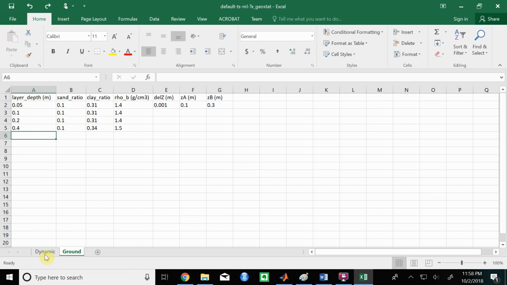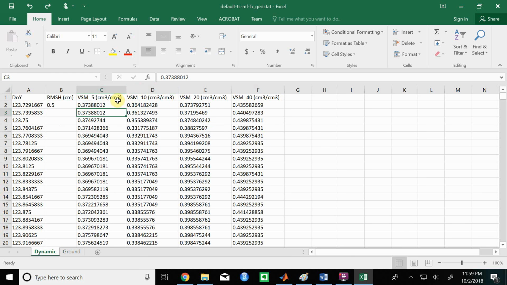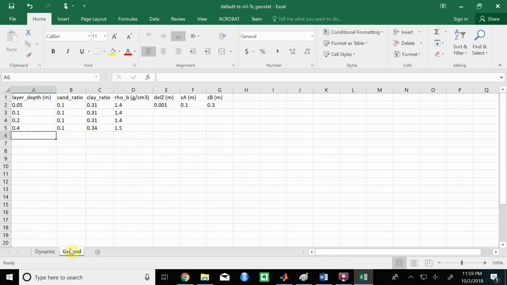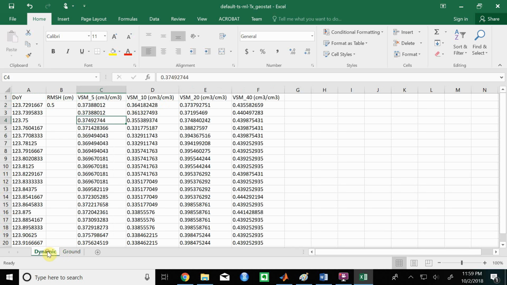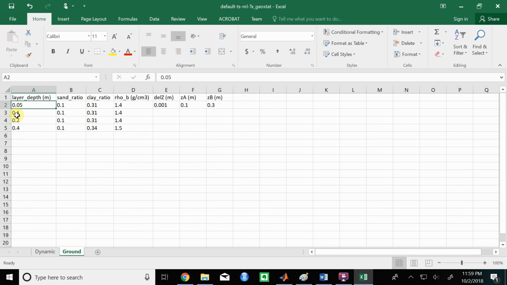Now, the names of these values can be arbitrary. You could have just filled these with nonsense text and things would be fine. But the layer depth is in meters. Since this is 0.05, the first column shows that this is the volumetric soil moisture at 5 centimeters, or 0.05 meters.